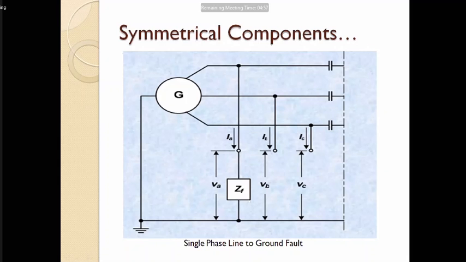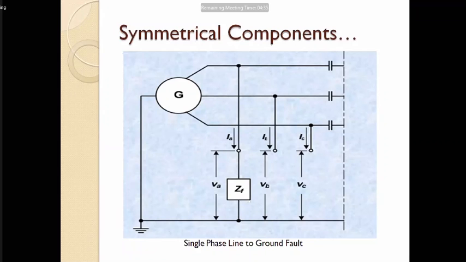Look at the topic: symmetrical components. In the sequence domain, IA is equal to I0 plus I1 plus I2.